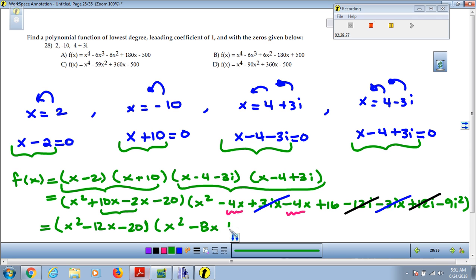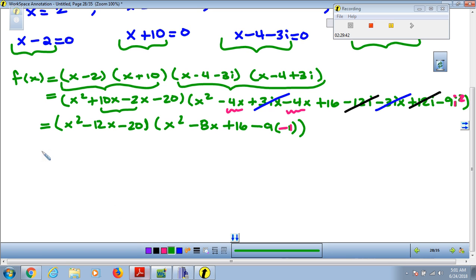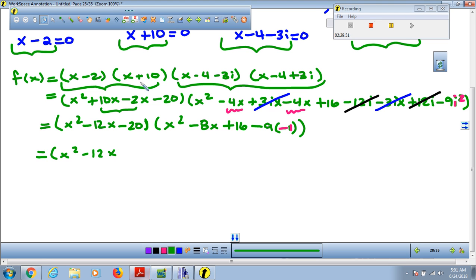Okay, plus the 16, there's nothing that I can combine the plus 16 with, then minus 9 times a -1. Remember that at some point I told you that every time you had an i squared, that i squared was going to be replaced with a -1 in this kind of problem. Always, you have to do that. In other words, you want not to end up with any term that may have an i at the end.